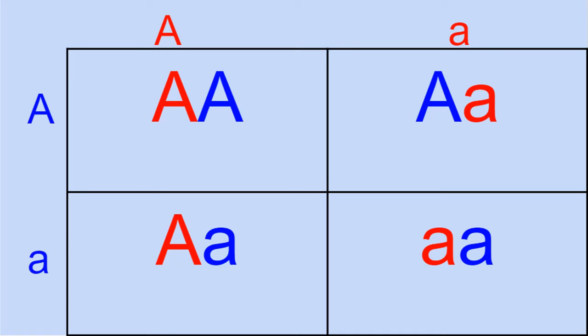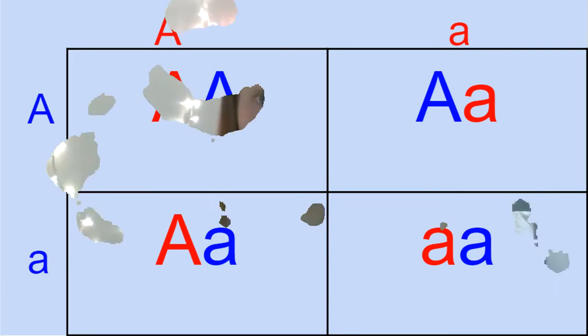You go down, capital A little a, and then you go to the bottom right corner, and that's little a little a. So your probability of having a dominant trait is going to be 75% because 3 boxes are full for a dominant trait. 1 box is left for a recessive trait, which means it's going to be 25%. So if you add 25 to 75, you get 100%.